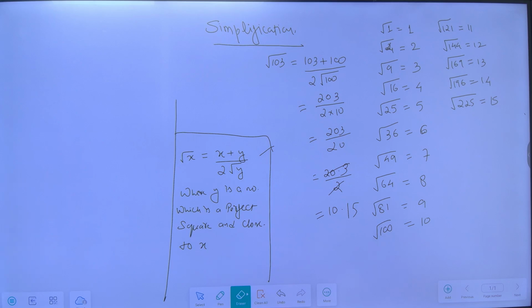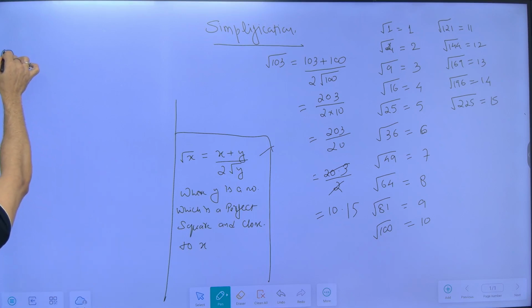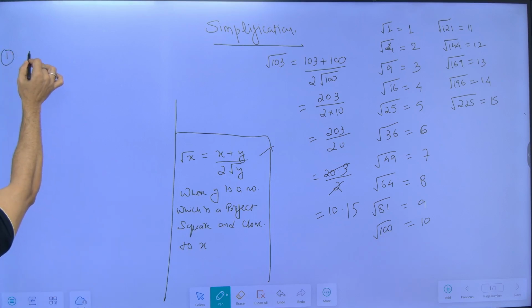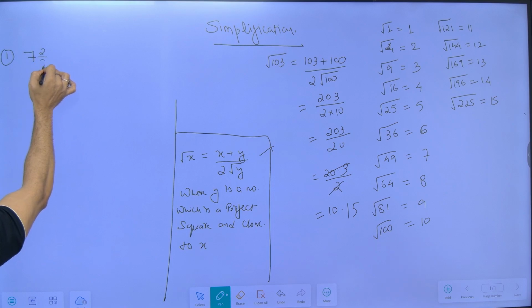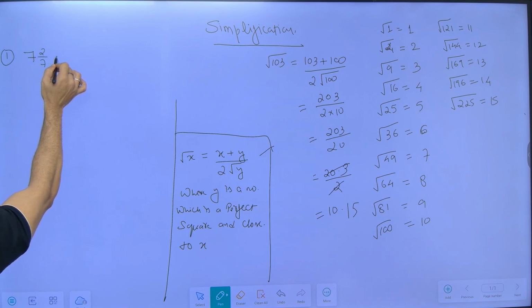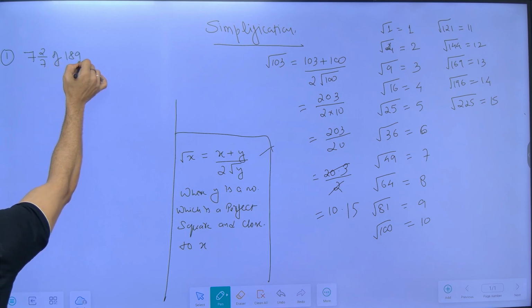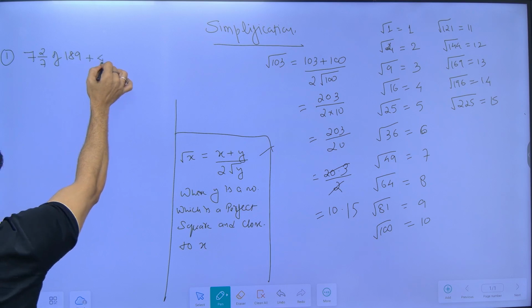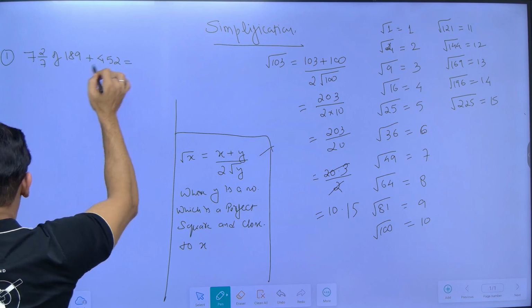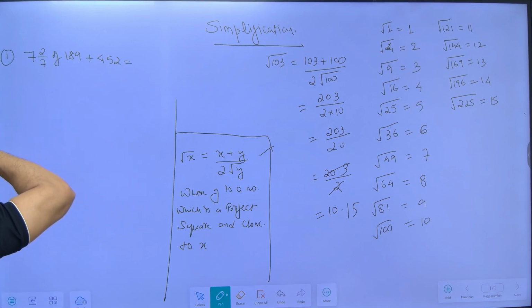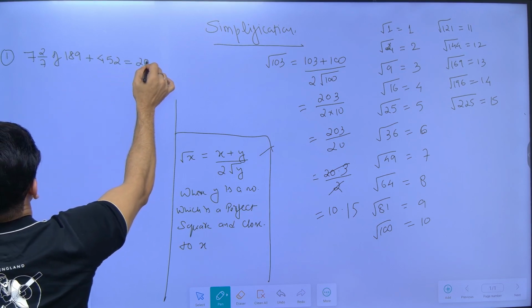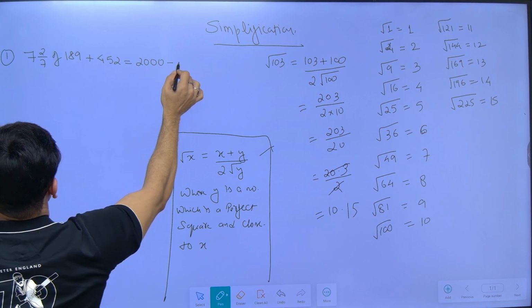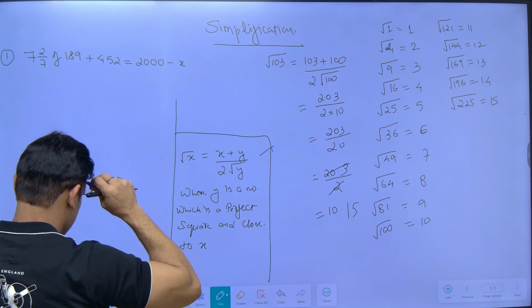Now types of question you do get in exams. So first question is 7 2 by 7 of 189 plus 452 is equal to 2000 minus some x.